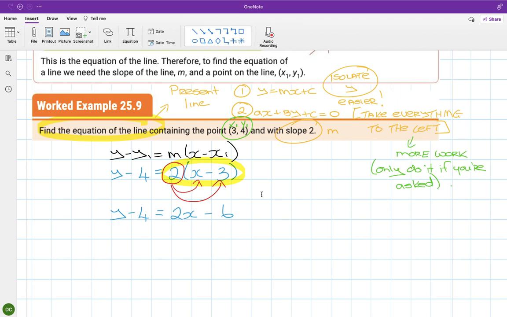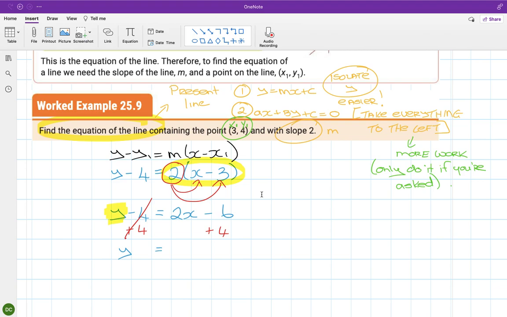And then we want to present it. We haven't been asked for a particular way of presenting it, so we want to present it with the y isolated. So we want this y on its own. At the moment it has a negative 4, so we can undo that with a positive 4, and then a positive 4 on the far side. Now the y is isolated.